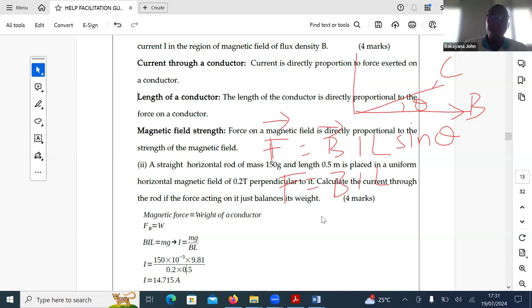Now, if this rod is being balanced by the magnetic field, then on the other side, it will be the weight. It will be the weight of the rod.